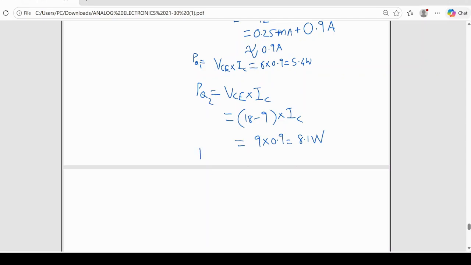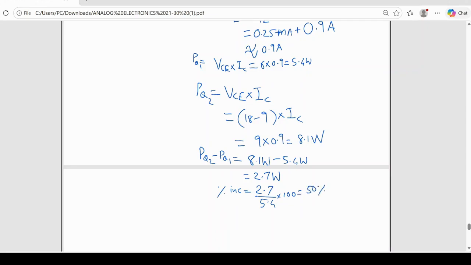So the increase is going to be PQ2 minus PQ1, which is 8.1 watt minus 5.4 watt, which is 2.7 watt. So the percentage increase is going to be 2.7 by the original 5.4 into 100, which is going to be 50%.